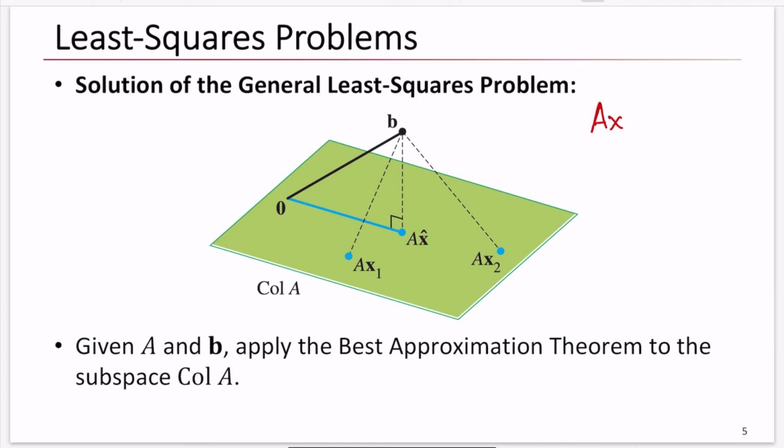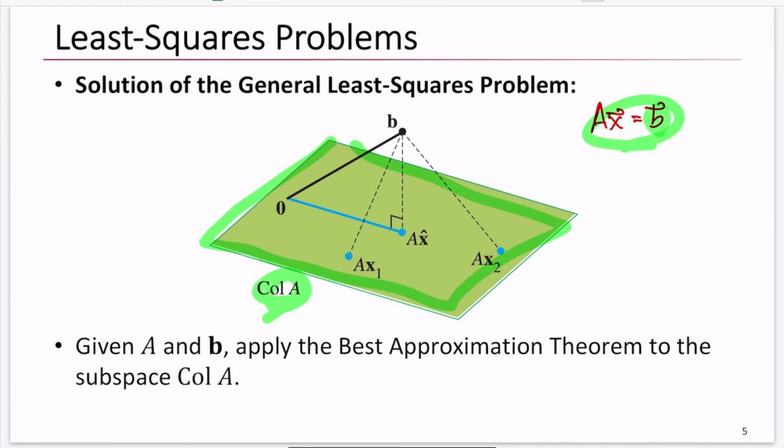We have to solve Ax equals b, but to make this equation have a solution, the vector b should lie in the column space of matrix A. But in this case, b stays outside of this column space, or subspace.